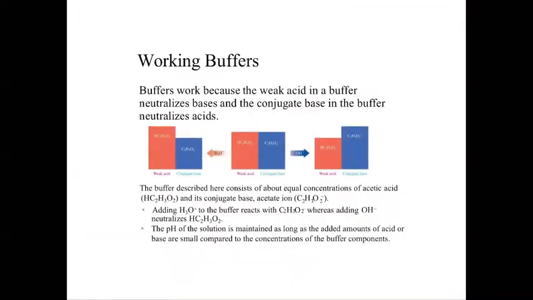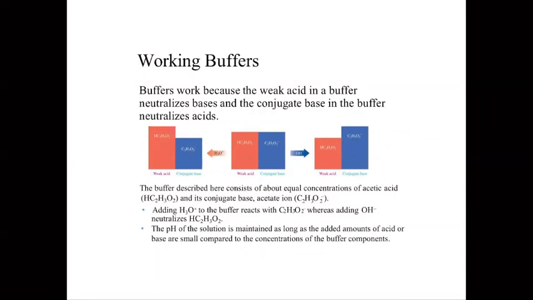Now, let's actually learn how, at the chemical level, a buffer actually works. Okay? So, as you can see, buffers work because the weak acid in a buffer is going to neutralize the bases that are added to our buffer system.